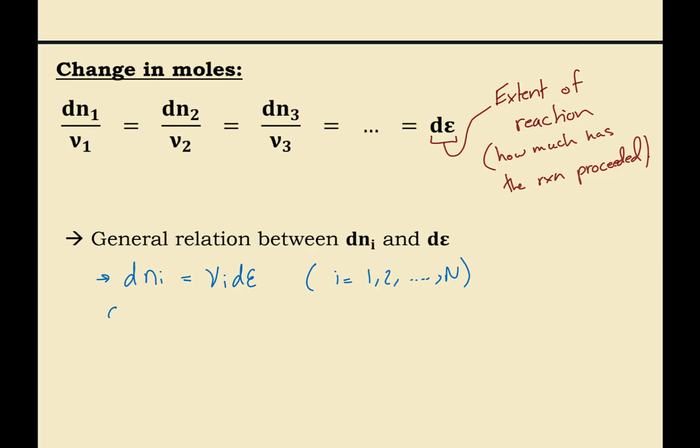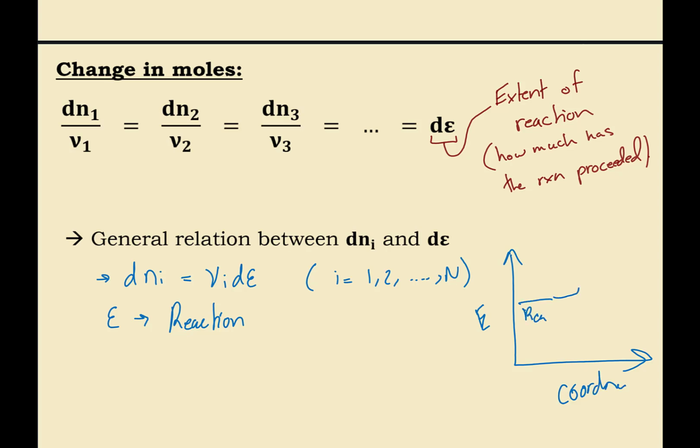Now, this epsilon, if we take it as is without the change, is the reaction coordinate. It is a value which characterizes the extent or degree of the reaction. If you recall, whenever we saw reaction energy versus coordinate diagrams, we had the reactants, then the activation energy, and then the product.